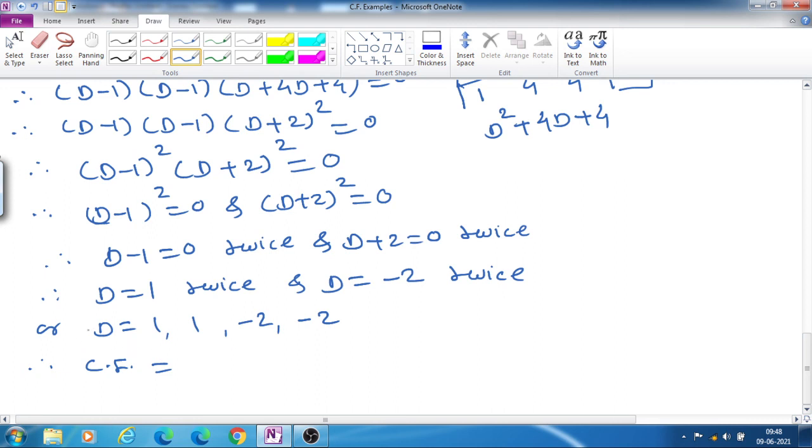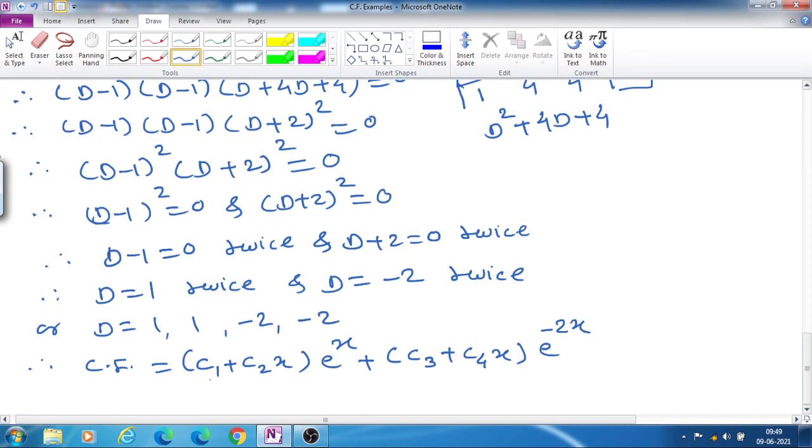The first root m1 = 1 is repeated, so for that we write (c1 + c2 x) e^(1x), plus for these two roots we write the next constants, (c3 + c4 x) e^(−2x).